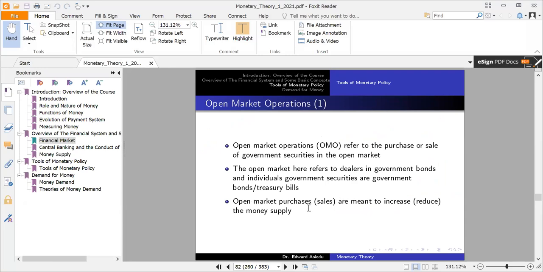Open market purchase, however, will increase money supply. If you do an open market purchase, which is literally like pumping money into the economy, that will increase money supply. But open market sales will reduce money supply. And if money supply reduces, there are consequences for interest rates.